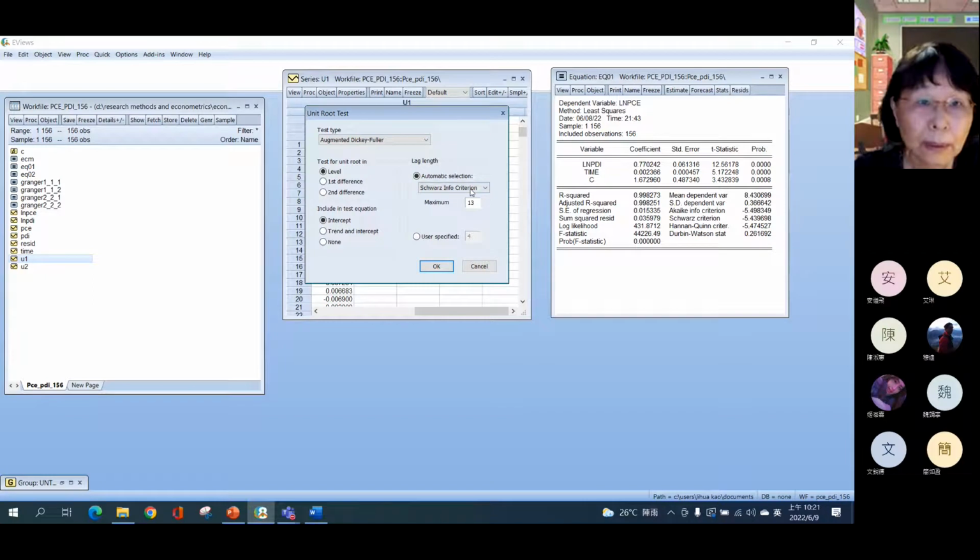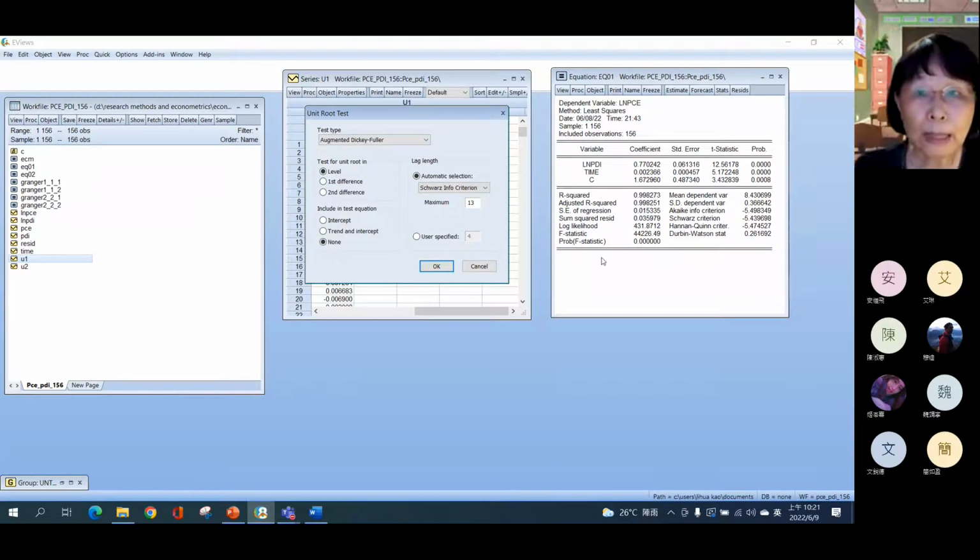Since we already detrended, when we do the unit root test, we may try none or intercept only. That means the first version or the second version. Let's try the first version.